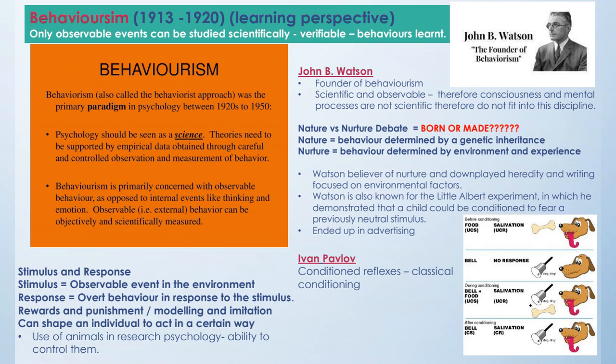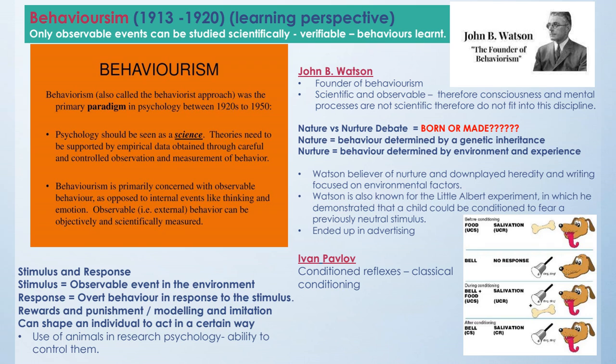The first one is John B. Watson, who was really considered the founder of behaviorism and proposed that scientific and observable measures are critical. Therefore, consciousness and mental processes are not scientifically measurable, and therefore they don't fit into the discipline. So that was his stand. He was key when we talk about the nature and nurture debate.